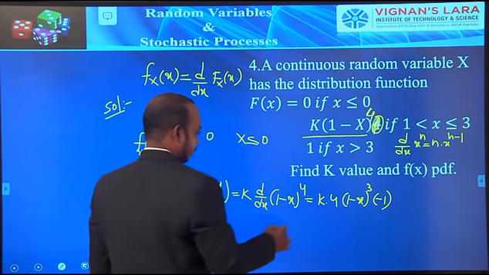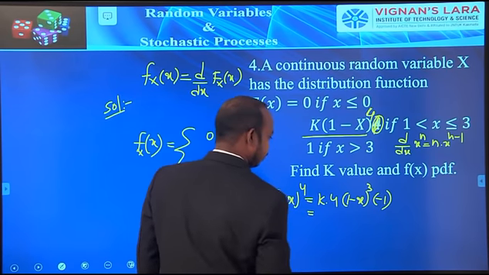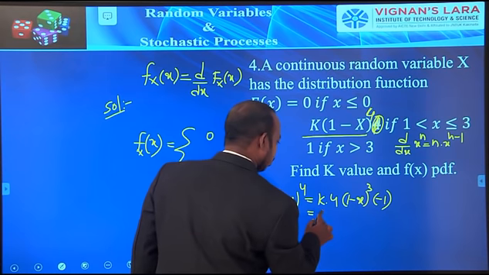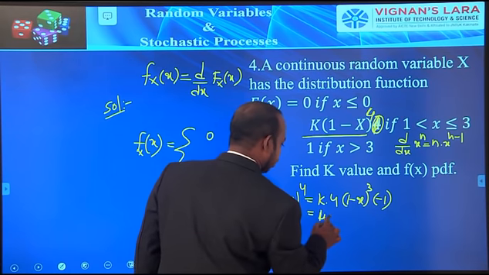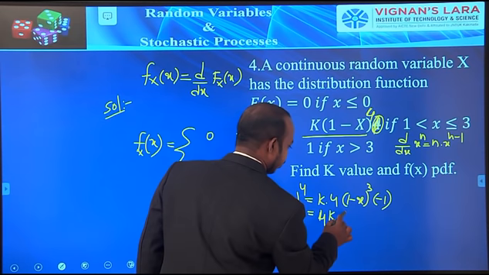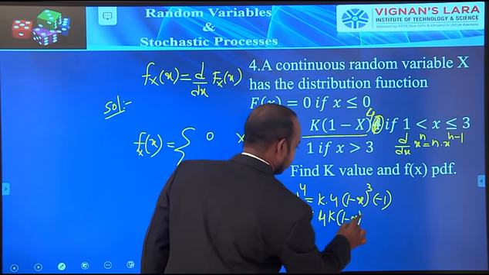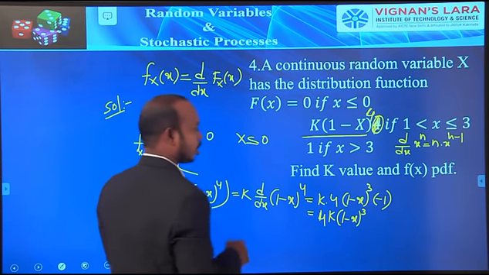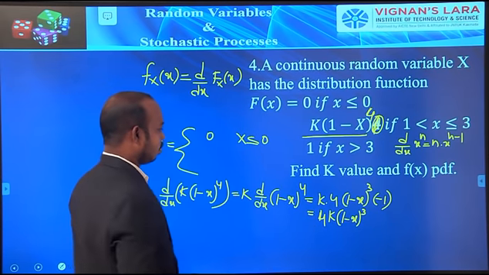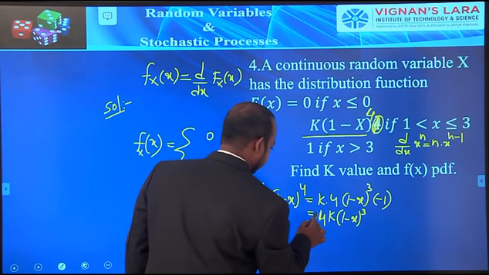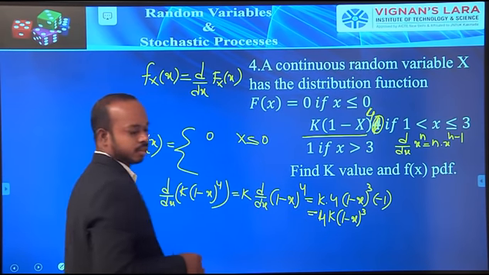Now you can write this value as 4 into k (1 minus x) power 3, with a minus sign.